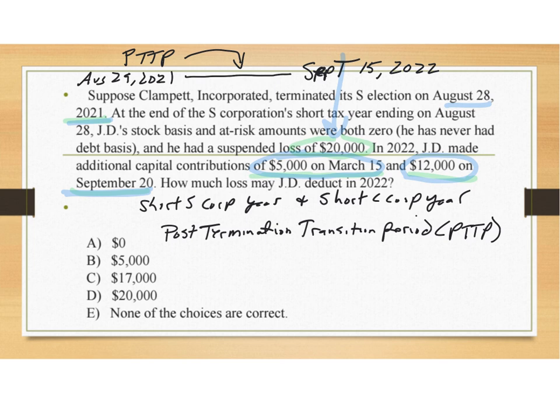Had we contributed this $12,000 sooner, before September 15th, then we would have been able to use more of our suspended losses. As it is, even though we are no longer an S corporation, we get to deduct $5,000 of that suspended loss in 2022 because of our $5,000 contribution on March 15th.